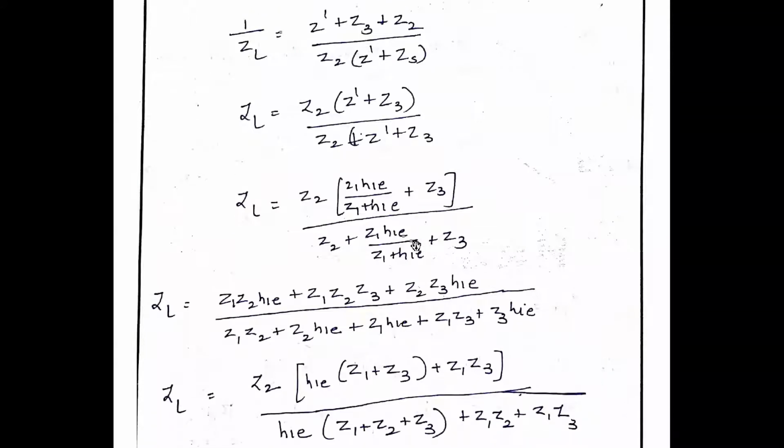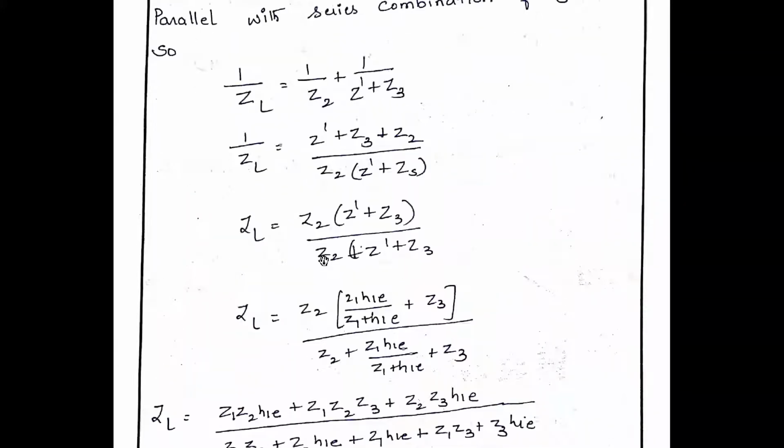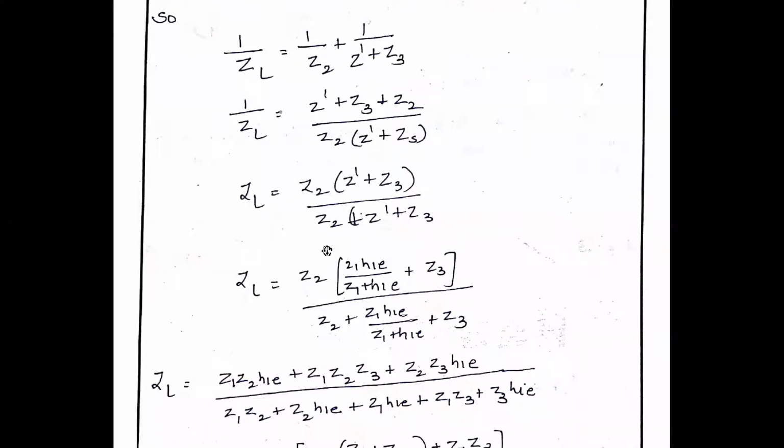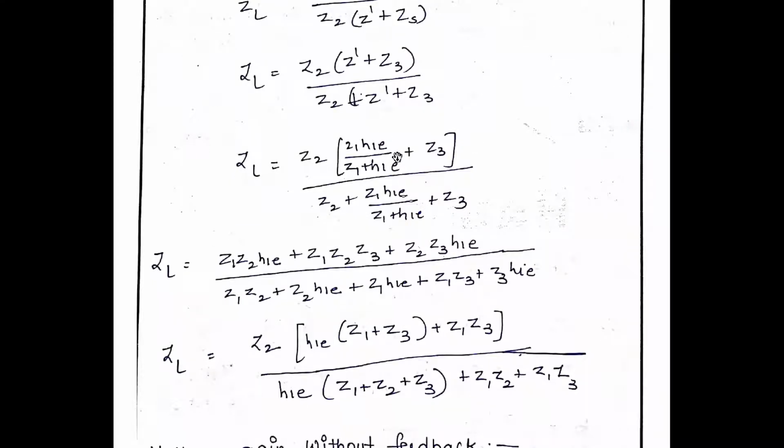Then we simplify. These are very simple, school level mathematical steps. In the numerator we don't have a common denominator, and the denominator is not in proper form, so multiplying numerator and denominator with Z1 plus hie, this is the expression we got.